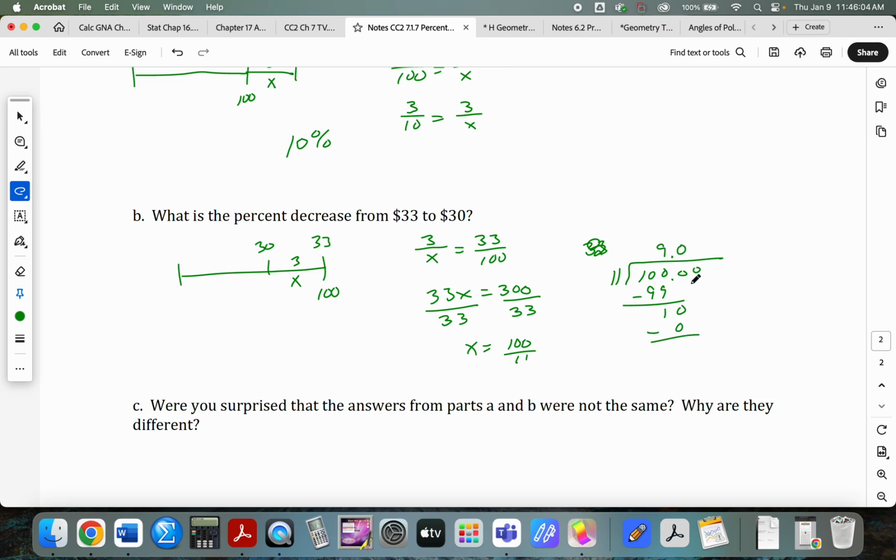Bring down another 0. That's going to be 9 again. This is going to keep going over and over again, isn't it? Because I've got 100 this time, and then I'm going to get 10 the next time, and then 100, and then 10. This is 9.09 repeating percent.